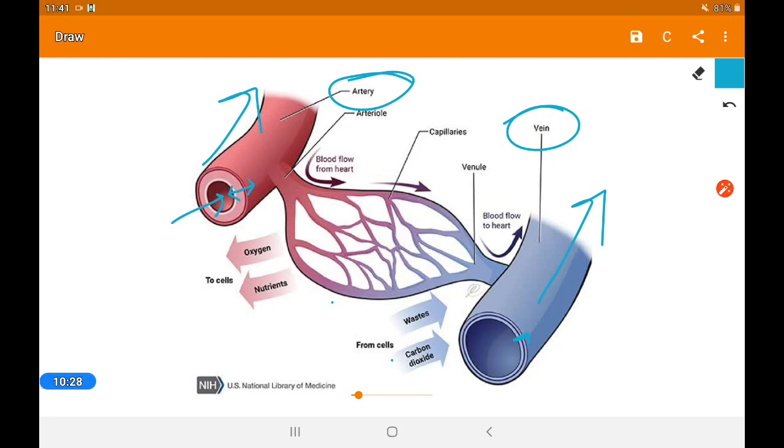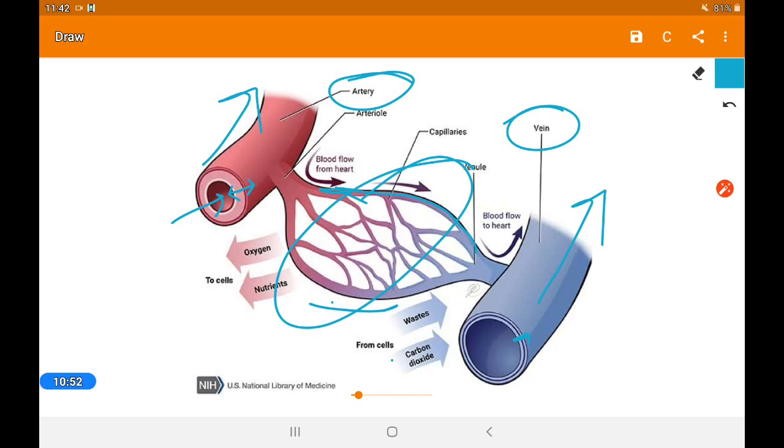And here are the capillaries. Capillaries, you know, are connected with each other so that blood can flow, and it enters inside any tissue part, and after giving oxygen it turns into deoxygenated blood and enters inside the vein.